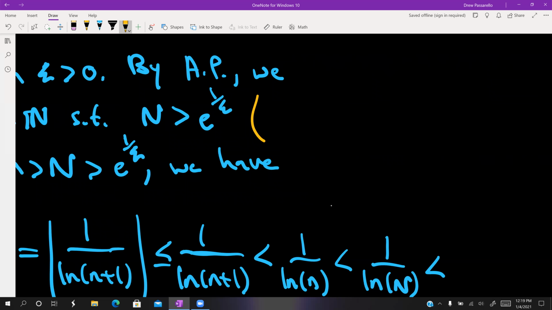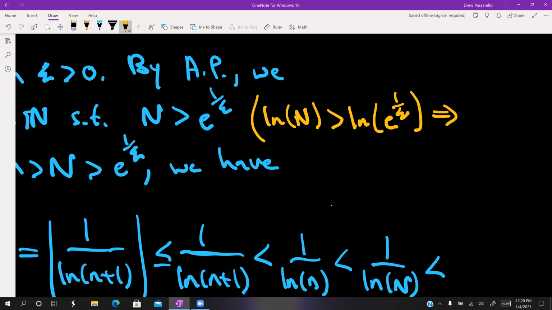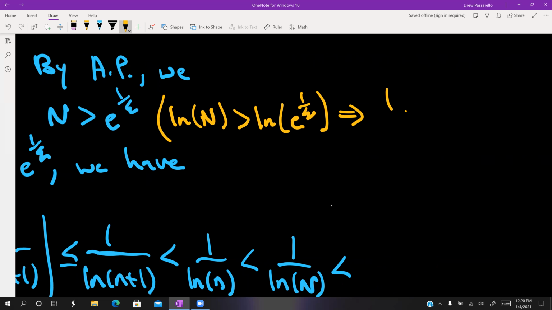So since capital N is greater than e raised to the 1 over epsilon, then the natural log of capital N is greater than the natural log of e raised to the 1 over epsilon. And that implies 1 over the natural log of capital N is less than 1 over the natural log of e raised to the 1 over epsilon.